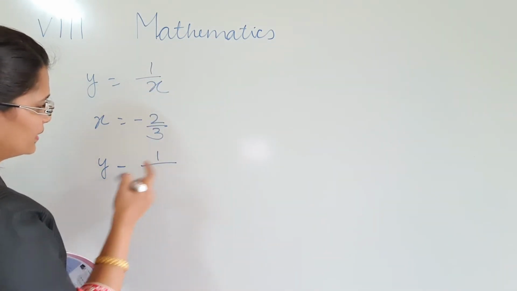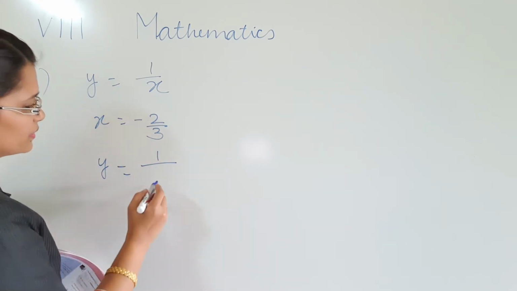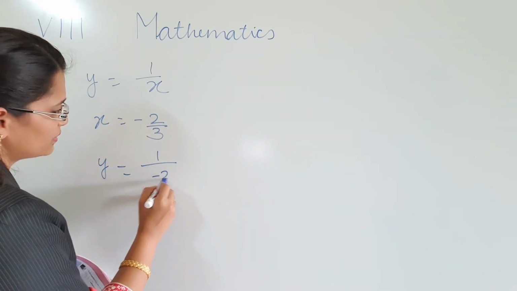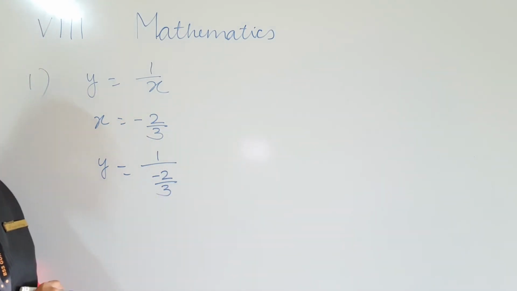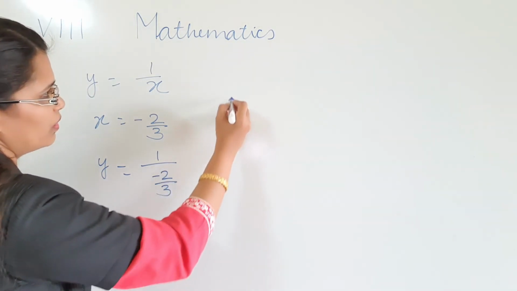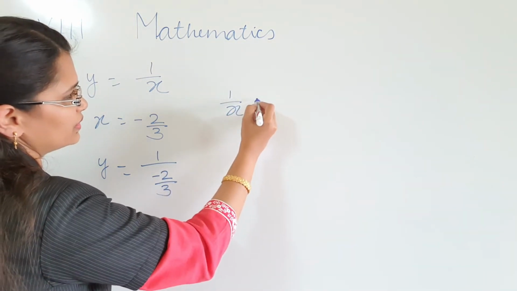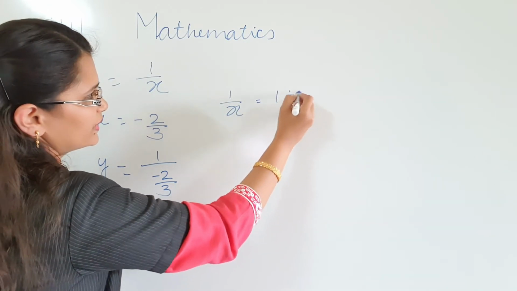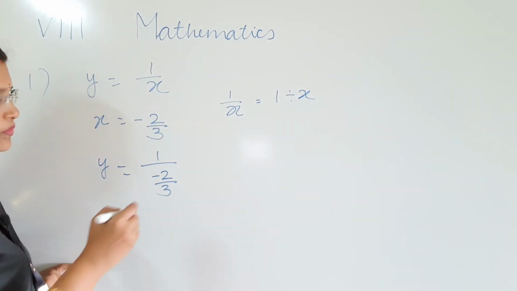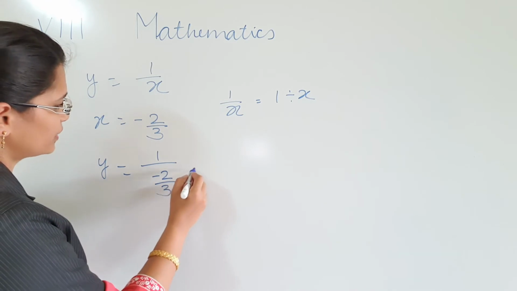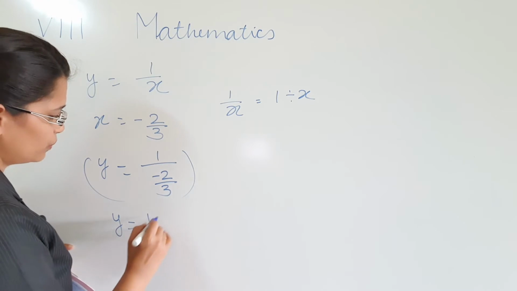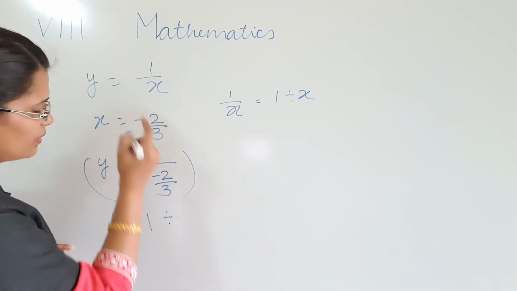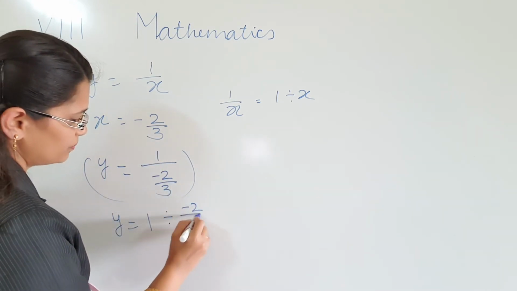So, 1 divided by x, which is minus 2 by 3. How can you do this, children? 1 by x, you can write this as 1 divided by x, right? Like that, here how can we write this? Y is equal to 1 divided by minus 2 by 3.